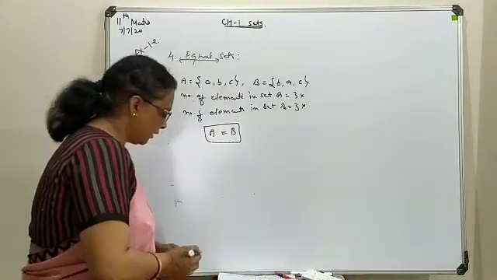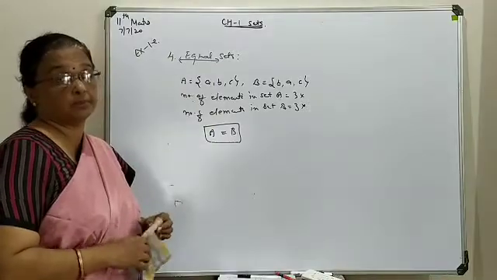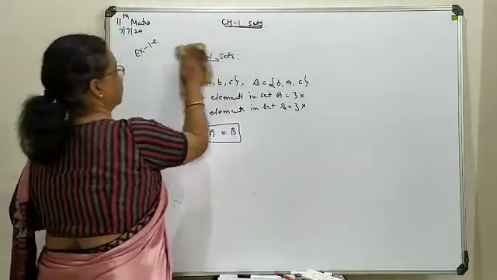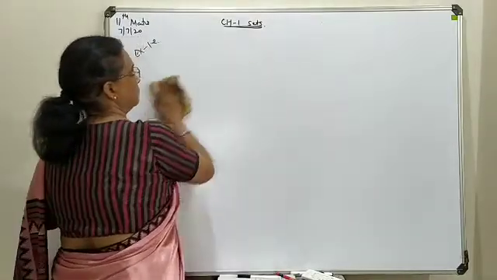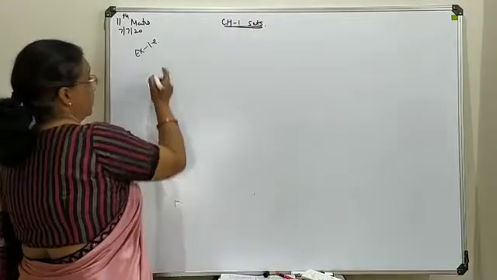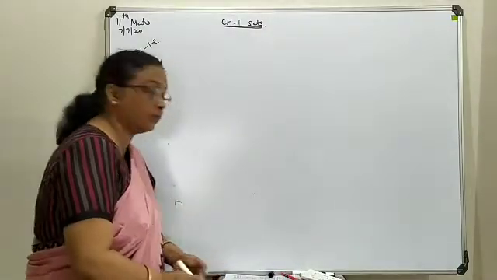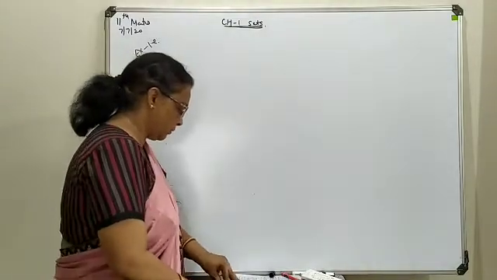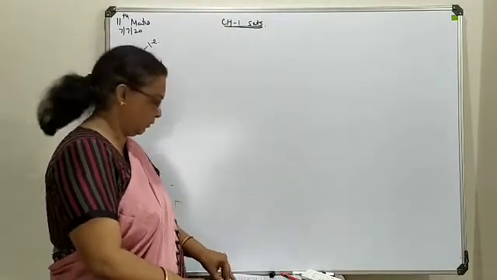Now let's start with exercise 1.2, in which these four concepts are to be used. First of all, look at the first question, in which four statements are given, and in all four statements you have to check whether it is a null set or not.